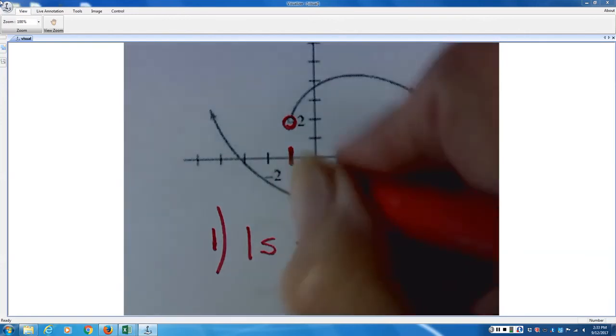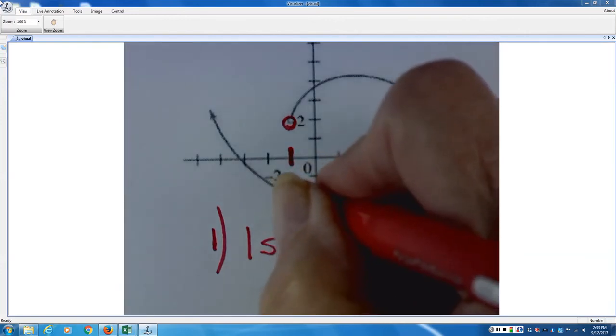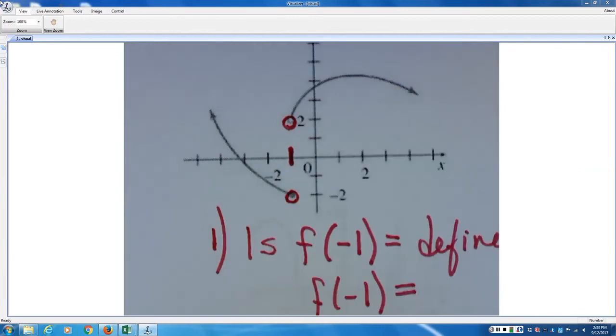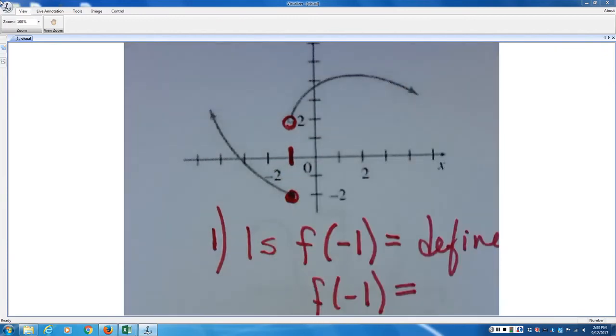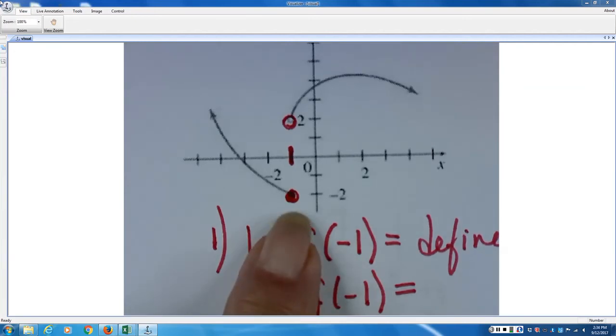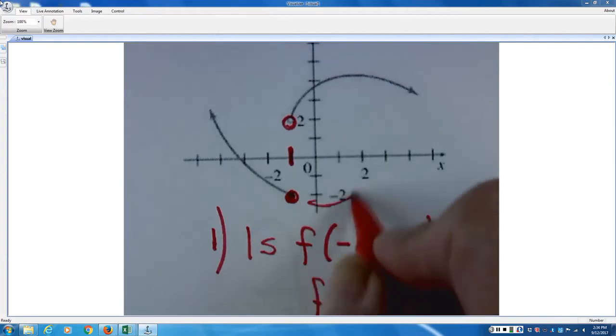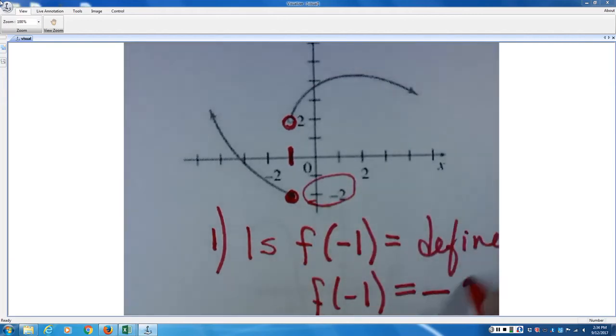But it is defined here because that's a closed circle. It's a dot. So yes, it's defined, and its definition is what happens at the closed dot. What's the value of f of -1 according to the closed dot? It's -2. So check mark on the first step.